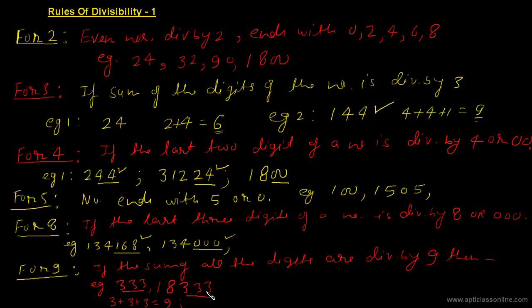And here 1 plus 8 plus 3 plus 3 plus 3, that is equal to 9 plus 9, that is 18, which is divisible by 9, and so this number will also be divisible by 9. So we will talk about other divisibility rules and examples in the next class.